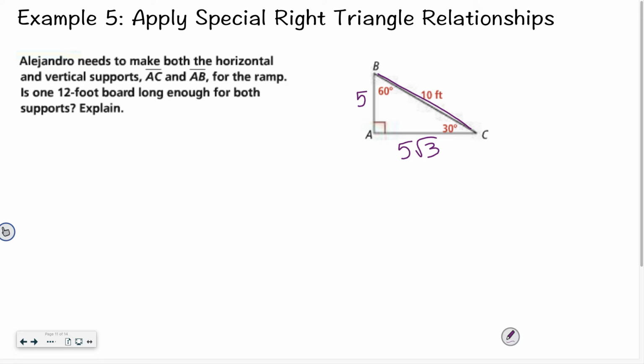And since I don't know exactly what that number is off the top of my head, in this word problem, I'm totally okay with you guys calculating that out. So that's about 8.66. So I want to know, is 5.5 plus 8.66 less than 12?